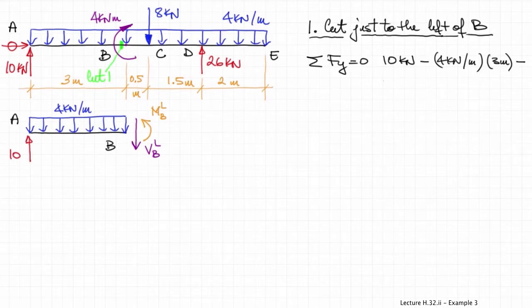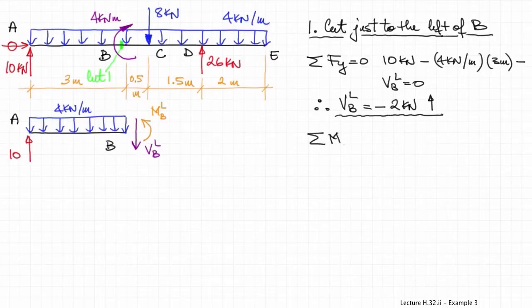Summing the forces in the vertical direction will give us the shear force at B on the left-hand side of B equals -2 kilonewtons, so going upwards on the left-hand side of the free body diagram.